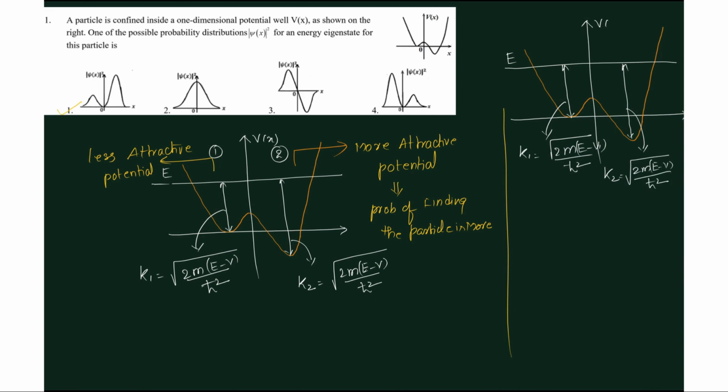If you observe carefully, K2 is greater than K1. Second region K2 is greater than first region K1.